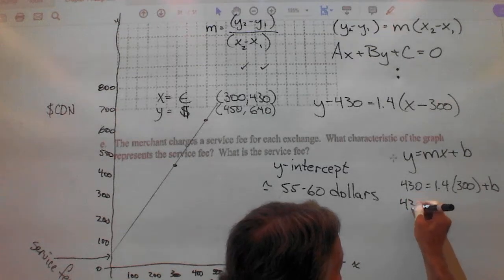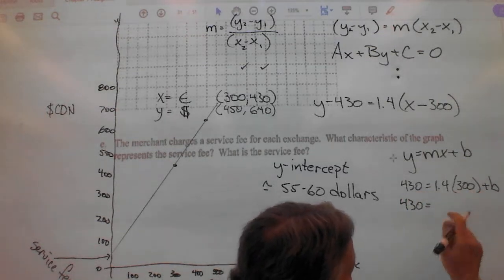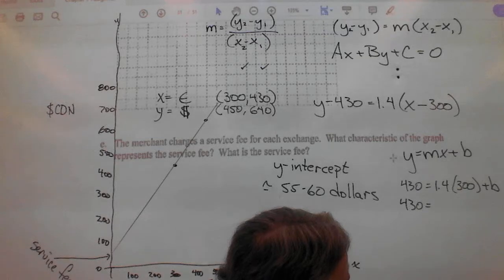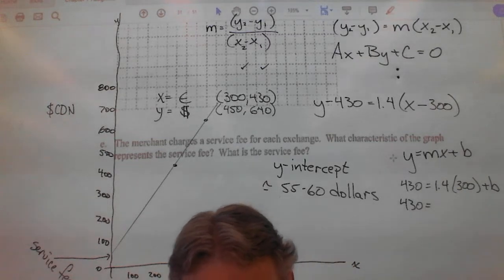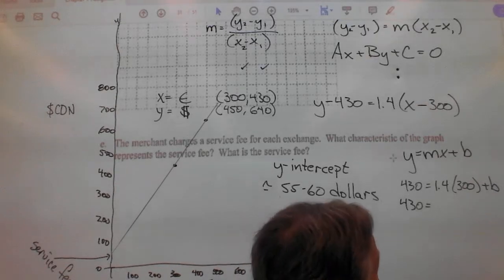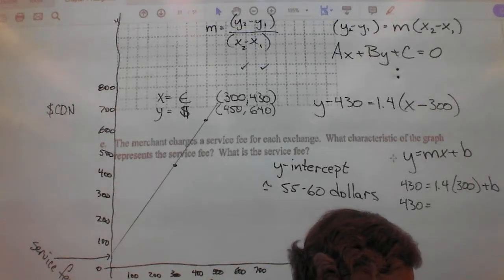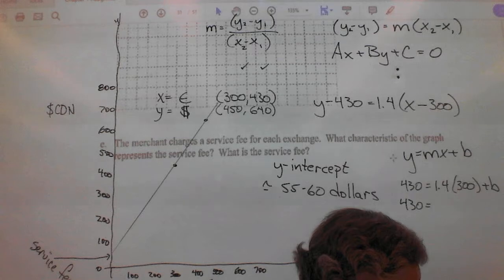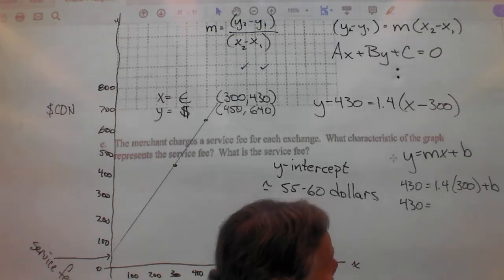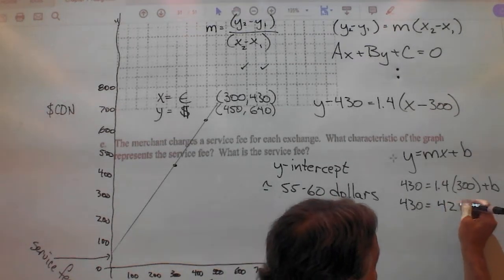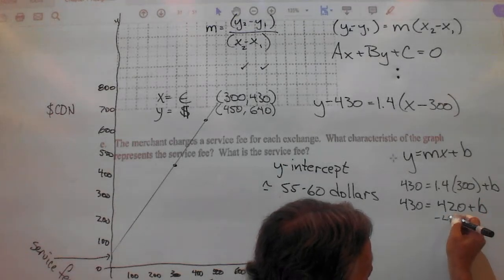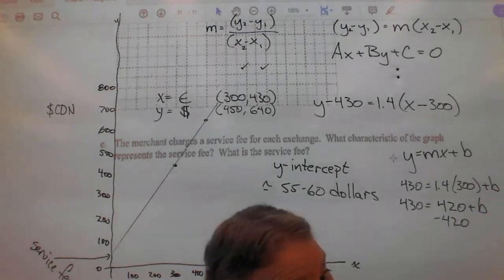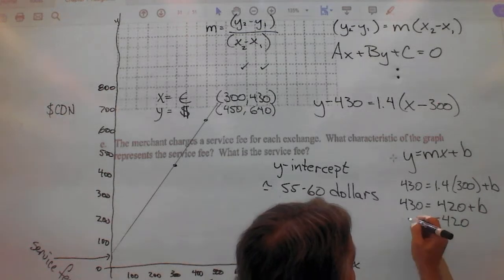So 430 equals 1.4 times 300, which I think is 420. Oh my goodness, if it is, I didn't do a very good job graphing. Okay, so 1.4 times 300 is 420, plus b. Then we isolate b, we subtract 420 from both sides. I hope you can still see this. Oh good, you can.